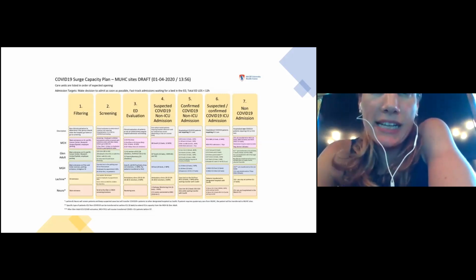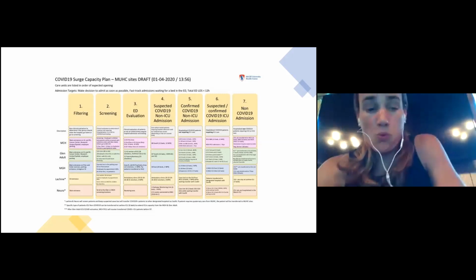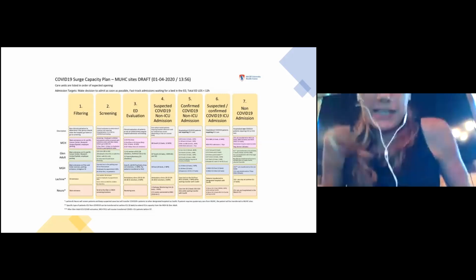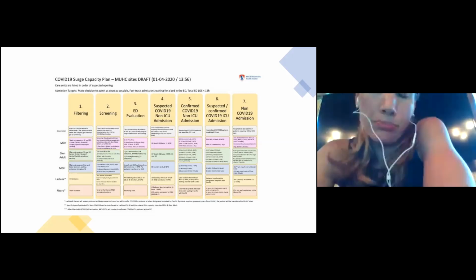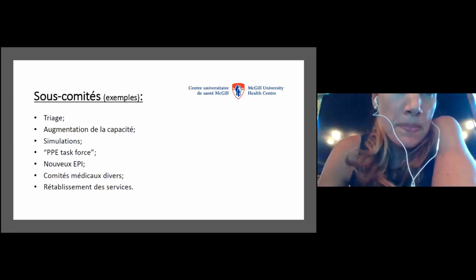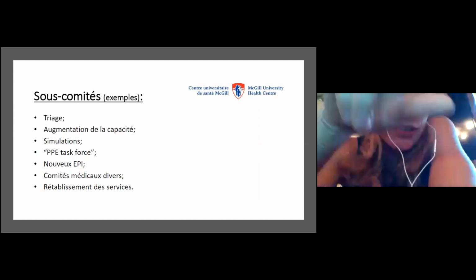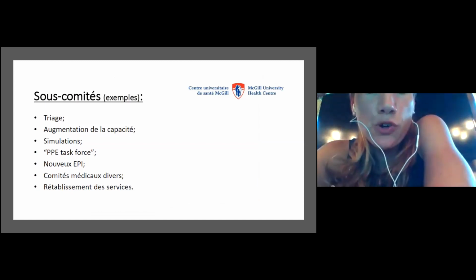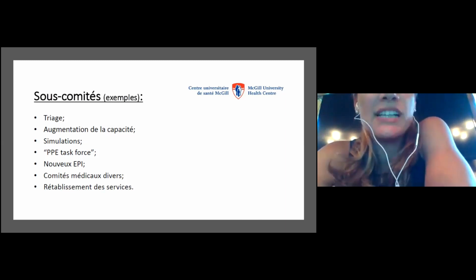Okay, and then finally, I'll take a little bit more time now to discuss some failures. One of the biggest failures I identified relatively early on is that in these committees, as you can see, there is no official committee or person assigned to monitoring the literature for the institution.